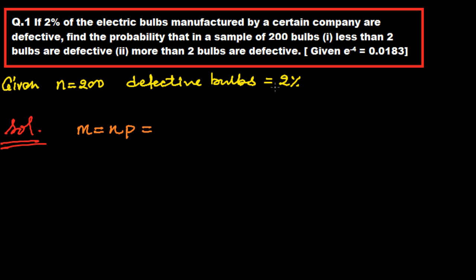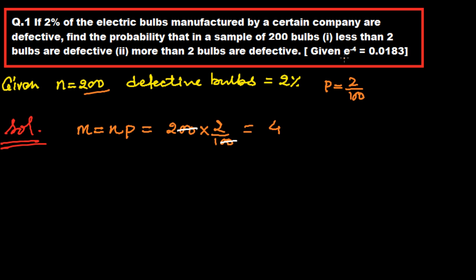We know that n is 200 here, so we put 200, and p is 2%, which means 2 over 100. So we put 2 over 100 instead of p. Look at here, these 2 will eliminate, and 2 into 2 is equal to 4. So we get m equal to 4.